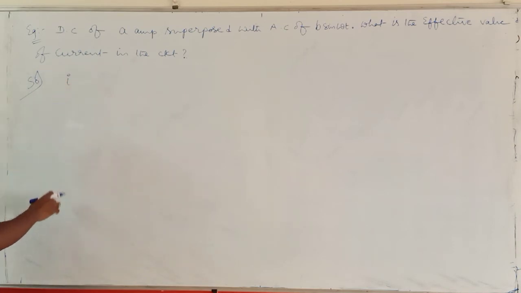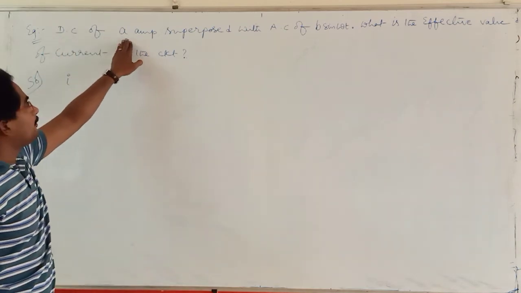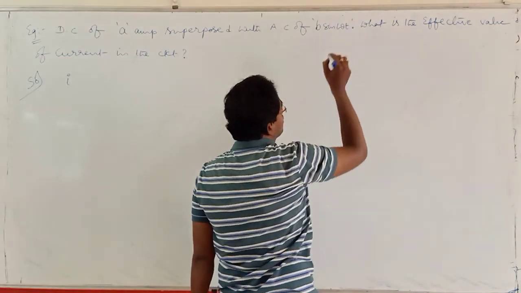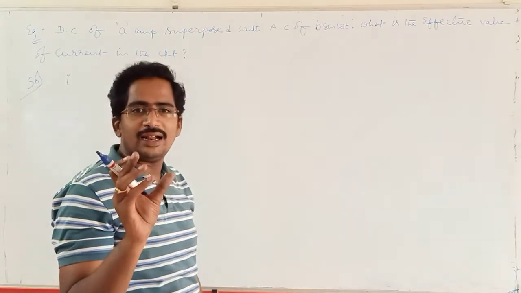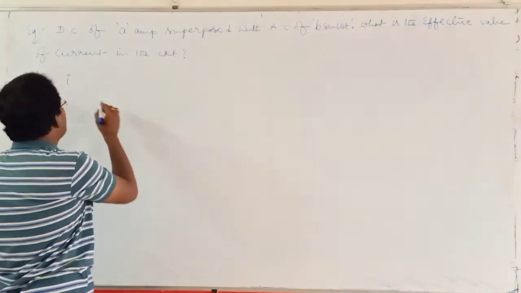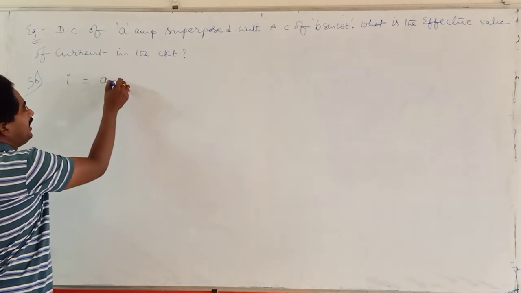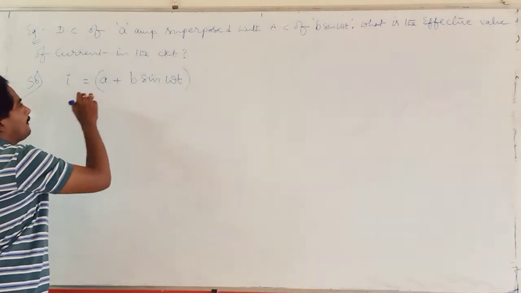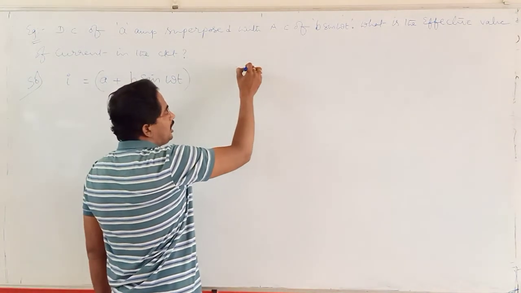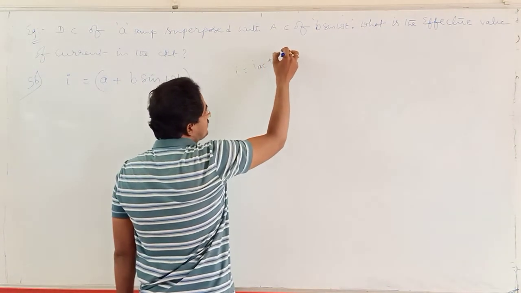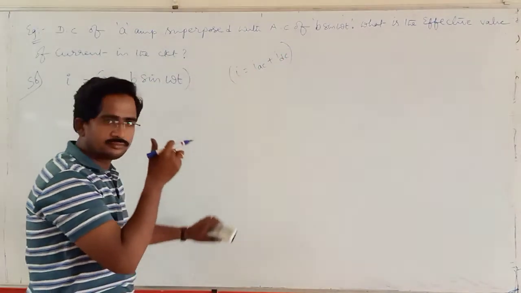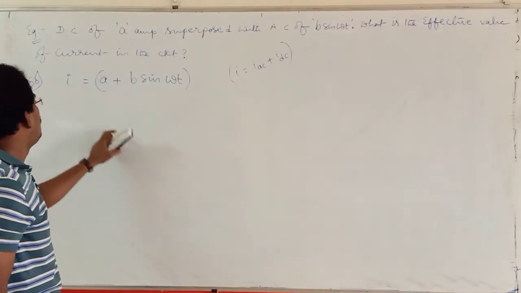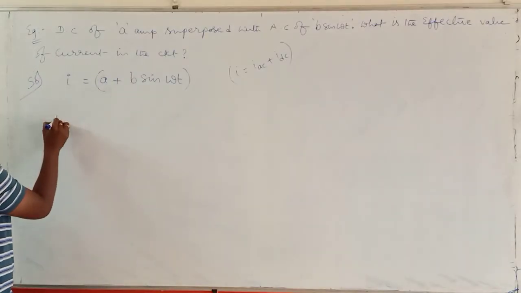The data is a DC of A amperes and an AC of B sin omega t amperes. Then what about the net current value in the circuit? The net value of current is A plus B sin omega t, because I equals I AC plus I DC. Now, what about the I RMS square value?